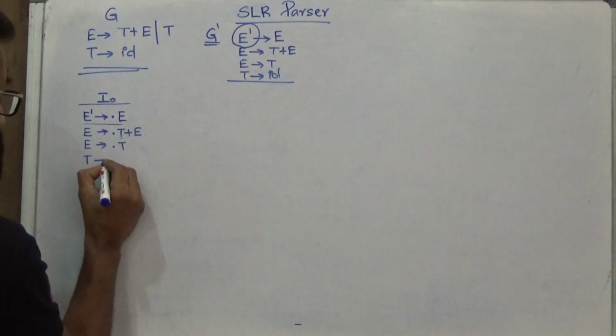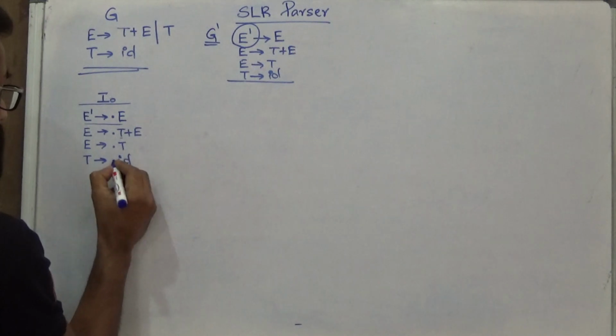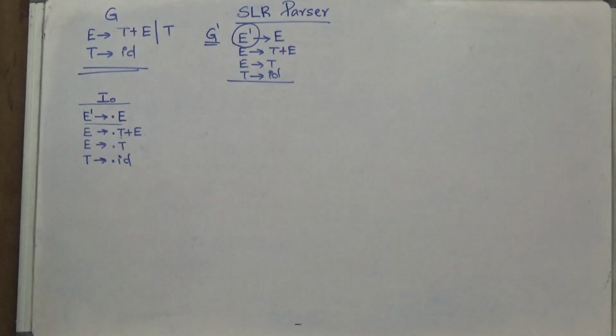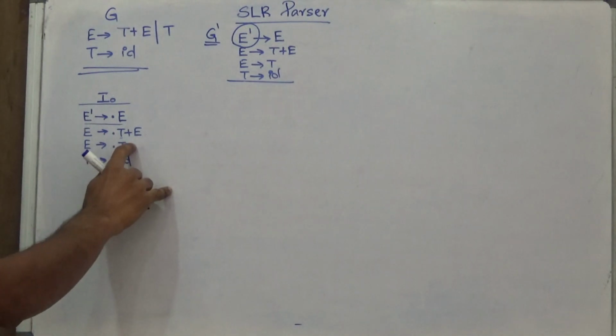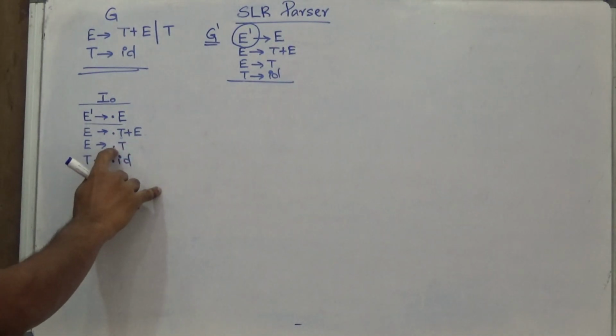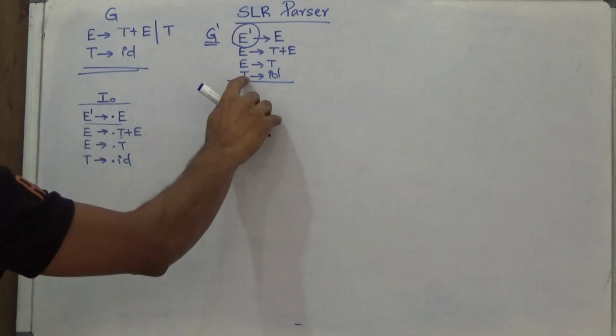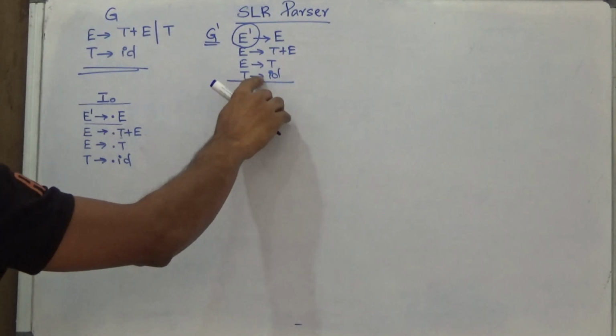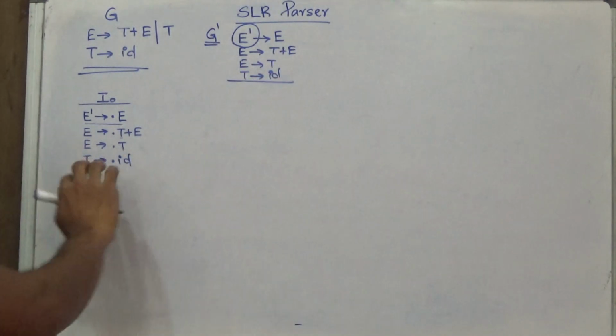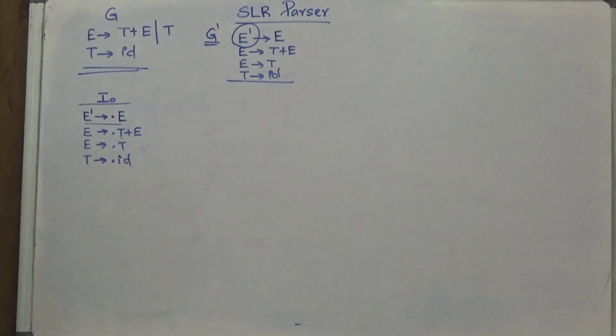So we can add T giving dot ID. Now if you consider this production, verify whether you need to add the closure. So right hand side is having dot immediately followed by T. So the production to be added is the production whose left hand side is T. If we add T giving dot ID, that is already there, so we don't need to add it again.